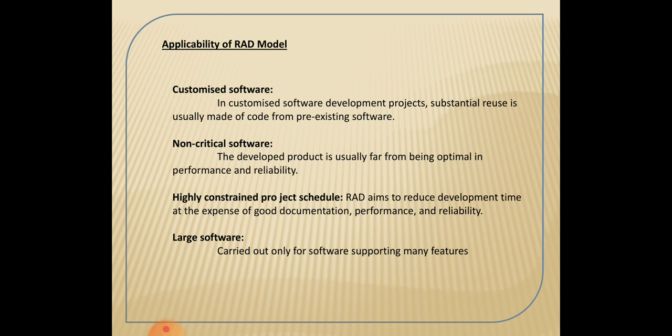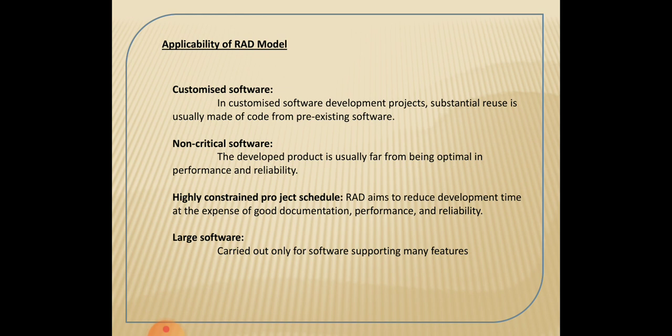The rapid application development model could be highly used in customized software. A customized software is developed for one or two customers only by adapting an existing software. So it makes use of predefined or pre-existing software so that the existing code can be reused for developing another software.